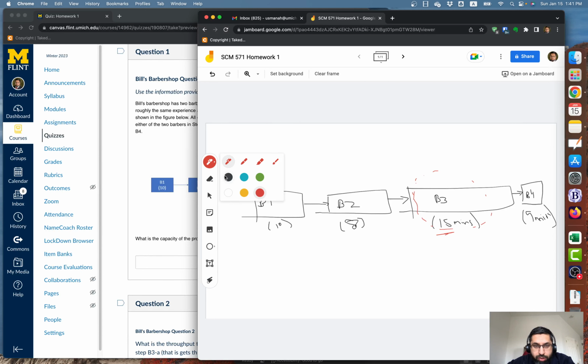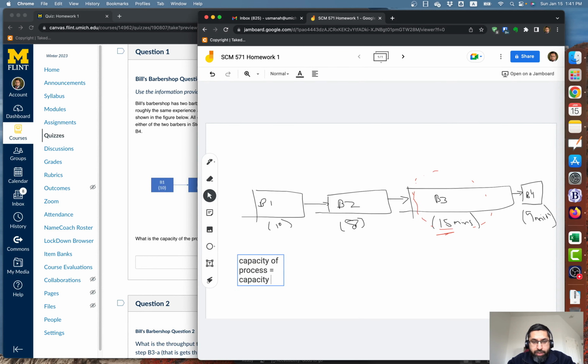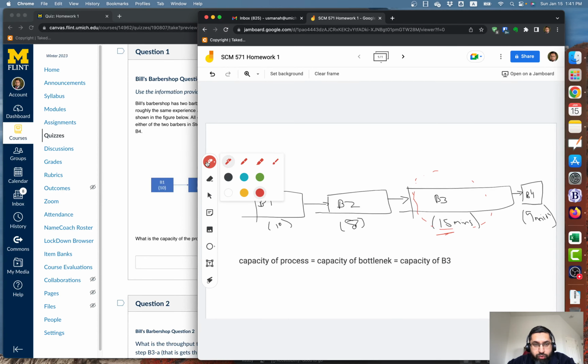So we could write it like this. Capacity of process equals capacity of bottleneck. Bottleneck is B3, so it equals capacity of B3. And so what is the capacity of B3?